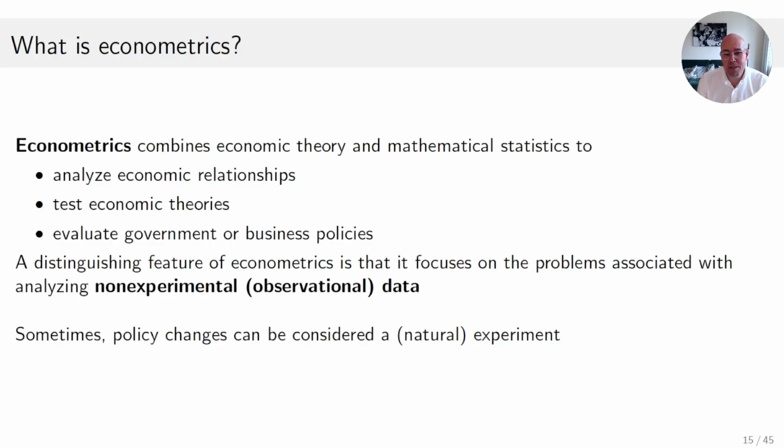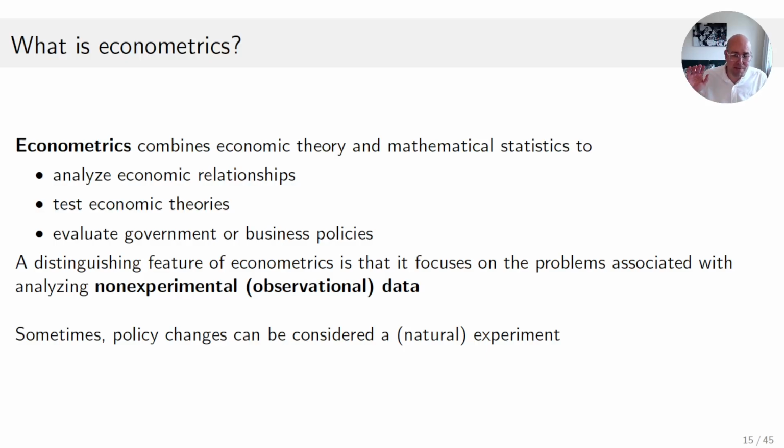What does it mean to experiment? Experimenting means that you tell one group, look, you're going to act in this condition, and you tell another group you're going to act in that other condition. So you're going to say, you guys, you get to go to college, and the other ones you say you are not allowed to go to college.